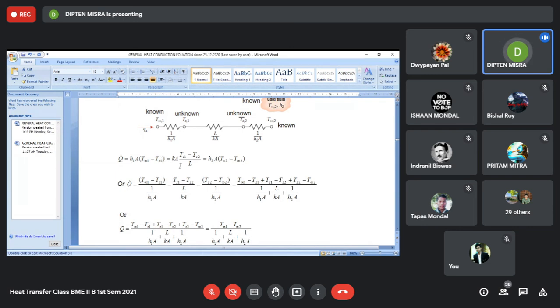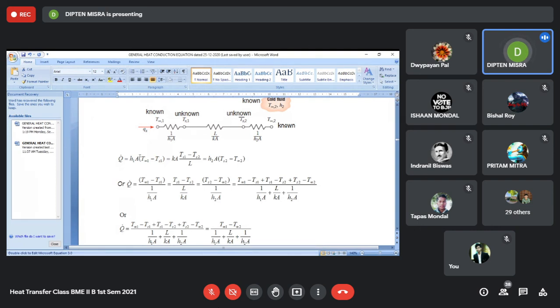The same heat travels as K into A into Ts1 minus Ts2 by L, where again Ts1 and Ts2 are not known. And that ultimately has to be equal to the heat lost from the surface Ts2 to the fluid at T infinity 2, given as H2 into area into Ts2 minus T infinity 2.